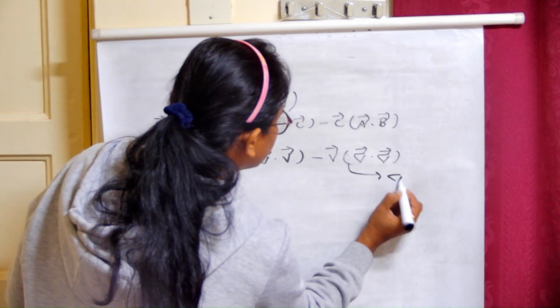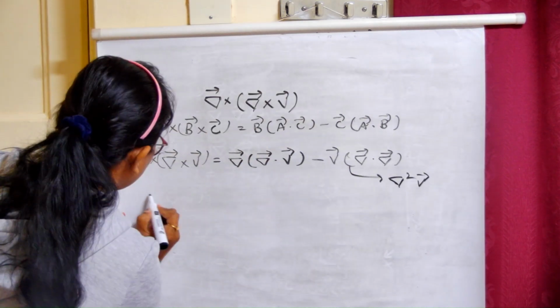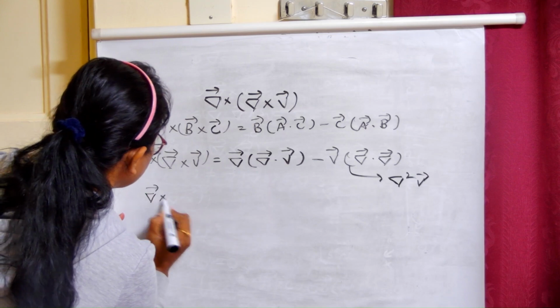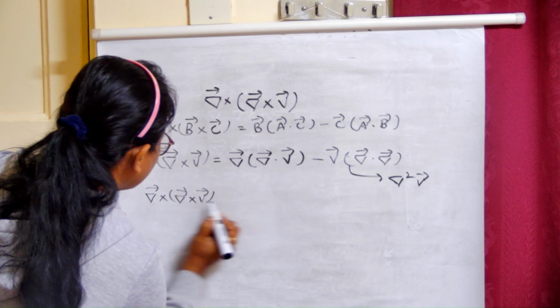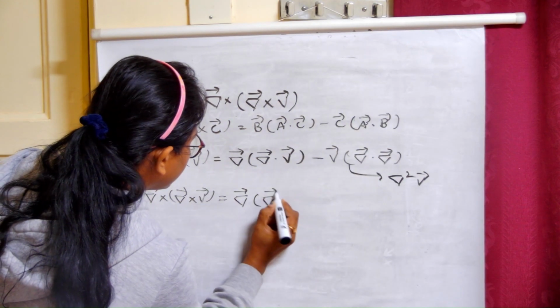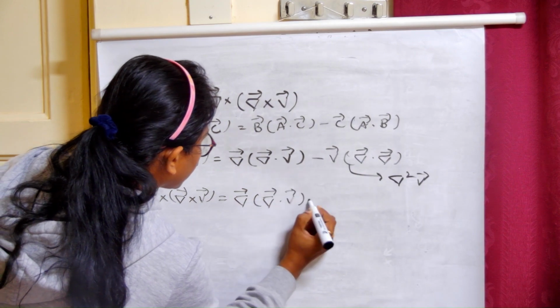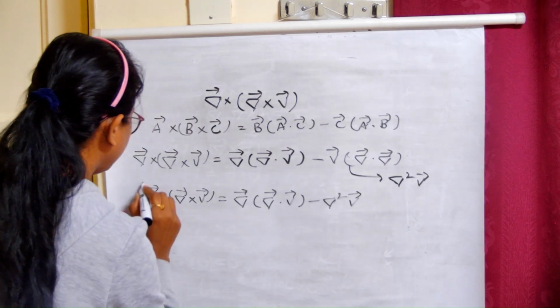This is nothing but Laplacian of a vector field. So finally, curl of curl of a vector leads to this one, minus del square V bar.